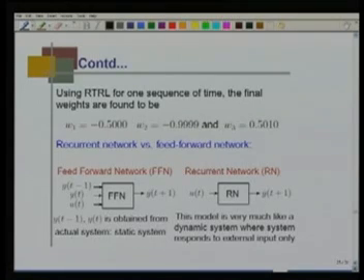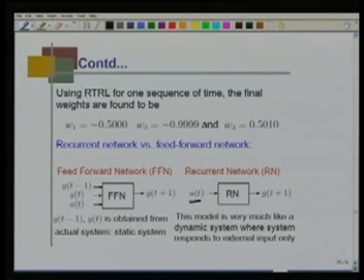So, what you are seeing here is that in this particular recurrent network my input is only u(t), whereas if I had trained the same data set with a static network I would have 3 inputs to the network. So, this is 3 by 1 and this is 1 by 1 network. So, this is more like a dynamic network.